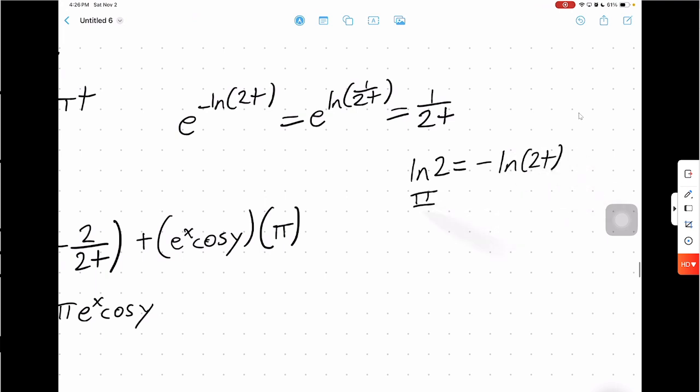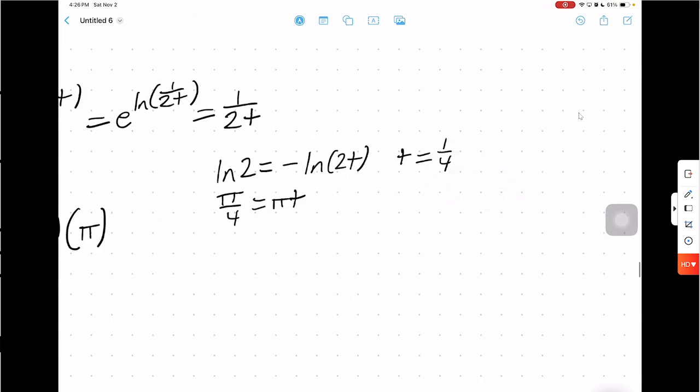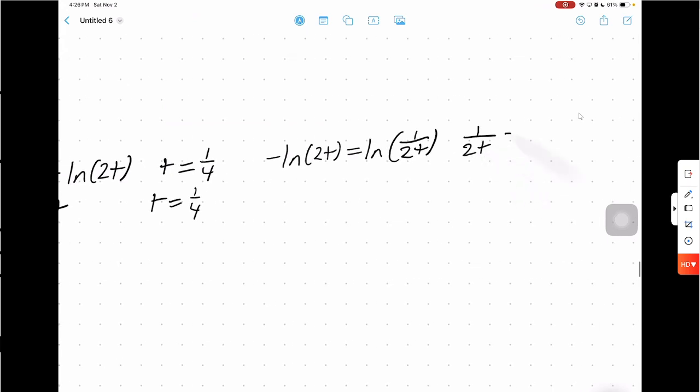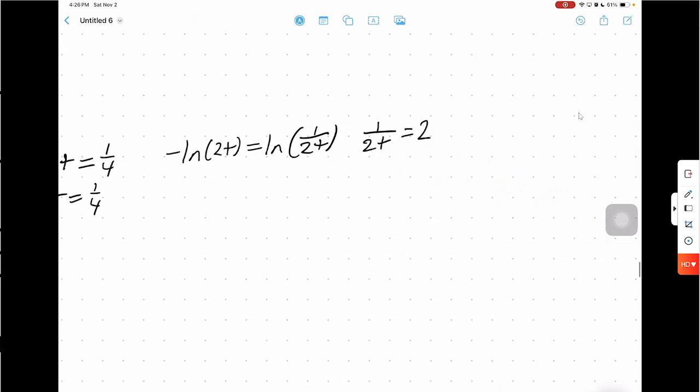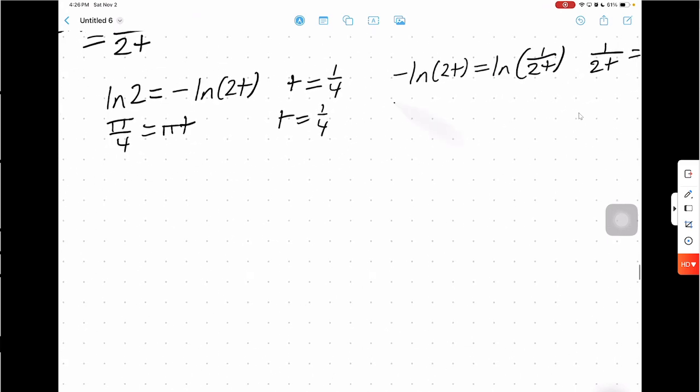In both cases, you'll get t is equal to 1/4, because negative ln of 2t is equal to ln of 1 over 2t. 1 over 2t is equal to 2. So 2t is equal to 1/2, and therefore t is equal to 1/4. This should be pretty straightforward. t is equal to 1/4.